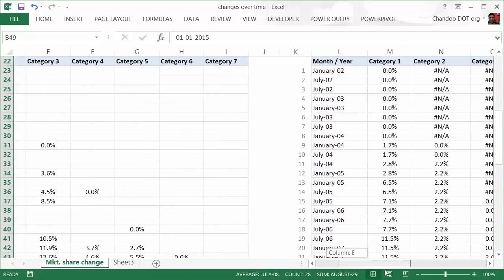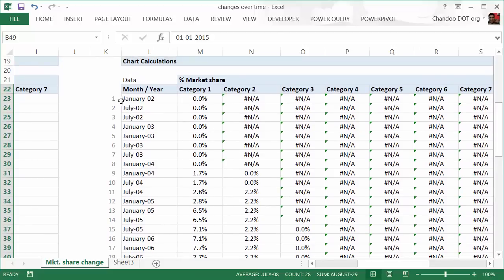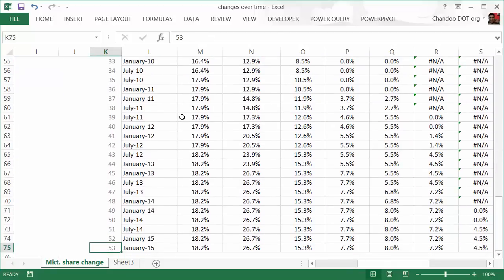Now if I go here, I have typed running numbers up to 53, because 27 times 2 minus 1 is 53. You could automate that step also, so that if you have 54 months of data, this will automatically generate up to 107. But just to keep things simple, I assumed that we have 27 and I typed 53.